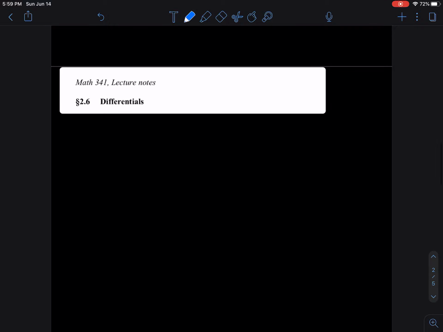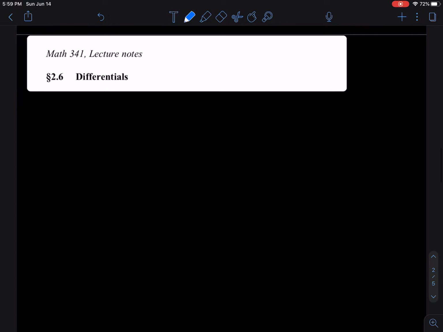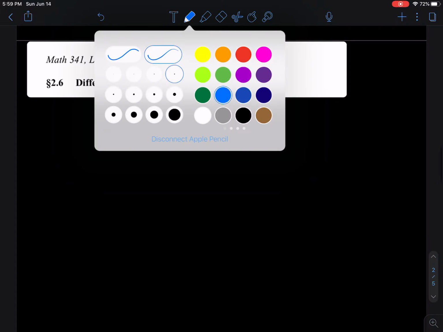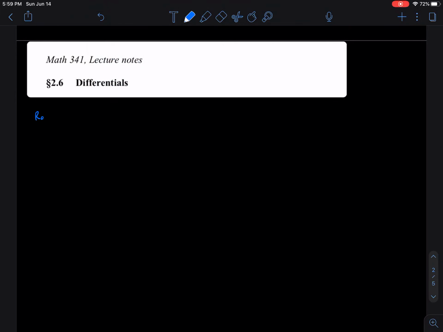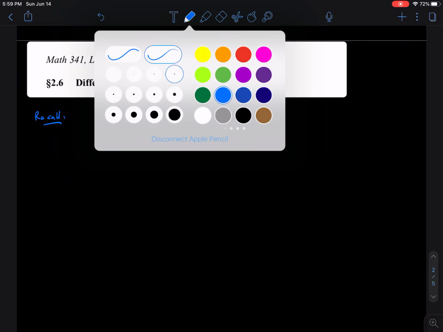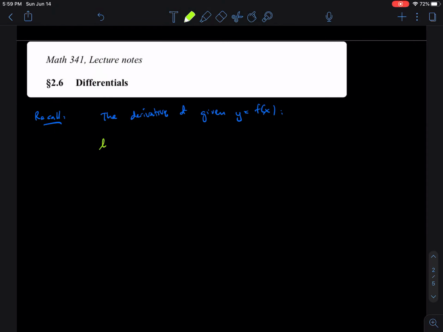Before we get to the definitions and the notation for differentials, let's start with something we already know from the previous lesson. The derivative of a given function f of x is defined as the limit as h goes to 0 of f of x plus h minus f of x, over h.